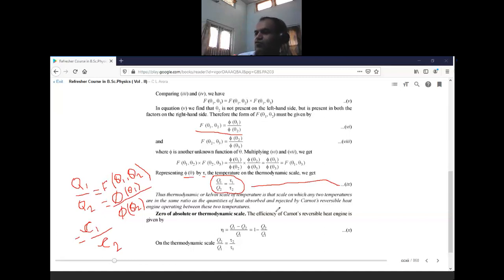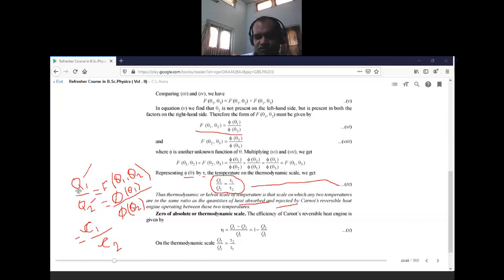If you go back to the concepts of Carnot's engine, or a normal heat engine, whatever be the temperatures of the source and the sink, the ratio of the heat taken from the source and heat rejected, Q1 and Q2, with a heat engine operating between these two temperatures, will be in the same ratio.